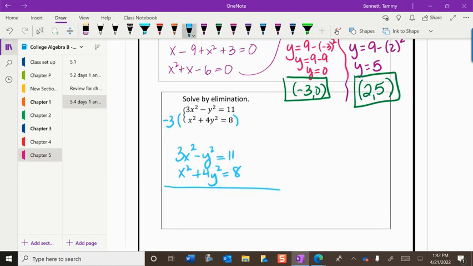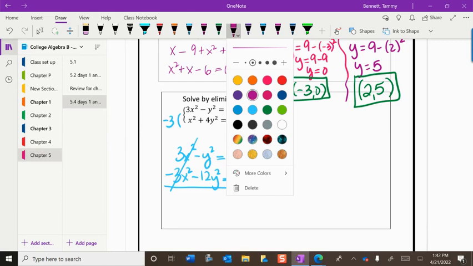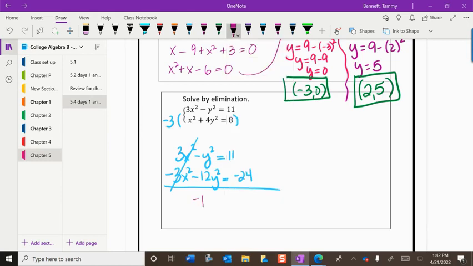So we're going to combine. Oh, I need to redo that. I multiplied all by negative 3. So negative 3x squared minus 12y squared equals negative 24. The x squareds are gone. So I have negative 13y squared equals negative 13.